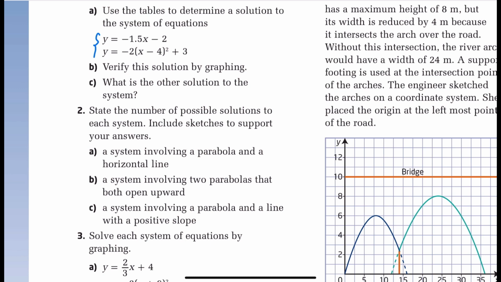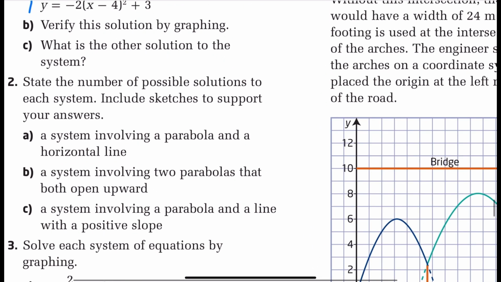If we have a system that contains a parabola, so for example, if I have an equation like this, my graph is a parabola like this.